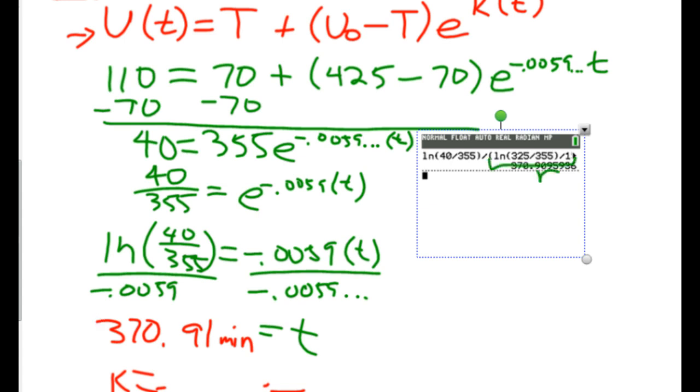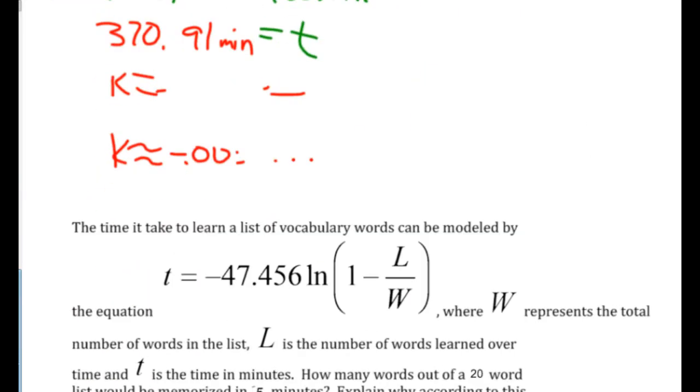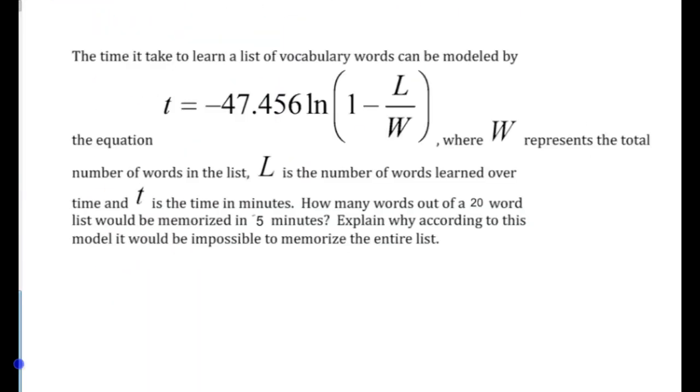We're making exponentials and logs in the real world. There's a formula that tells us how fast the average learner can memorize a list of words. Folks, it says here, the time it takes to learn a list of vocabulary words can be modeled by this equation: T equals negative 47.456 ln of 1 minus L over W, where W represents the number of words in the list.